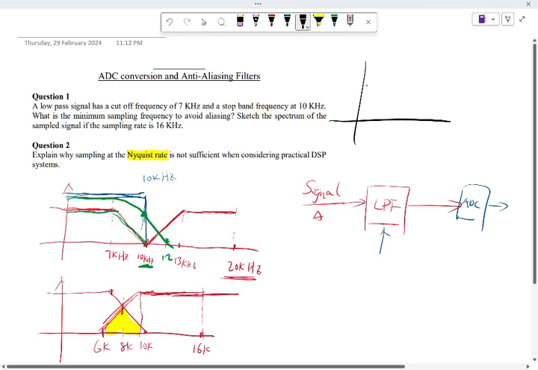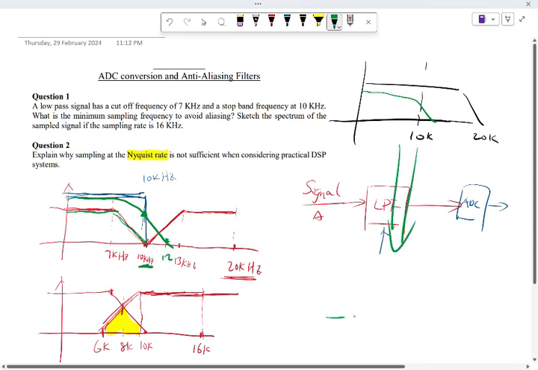the signal may have a lot of stuff and go up to maybe 20k, and we want to truncate at 10k with a real-world filter. So you combine this in the frequency domain, which is a multiplication. The resulting spectrum looks like this.